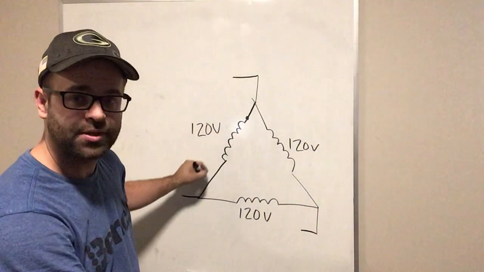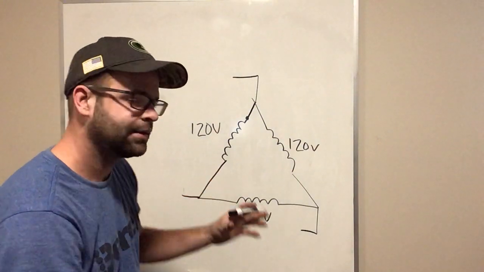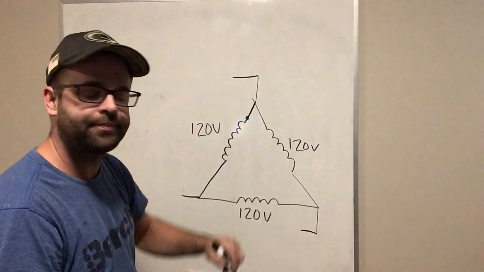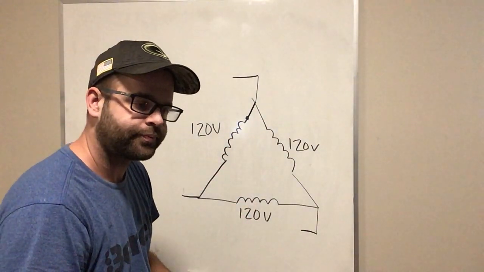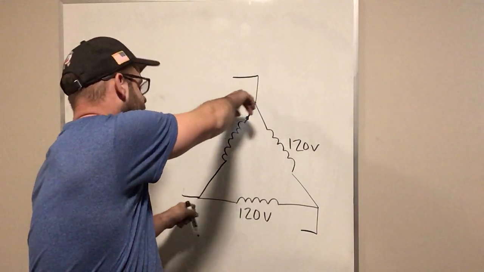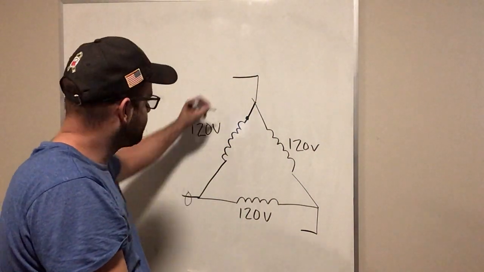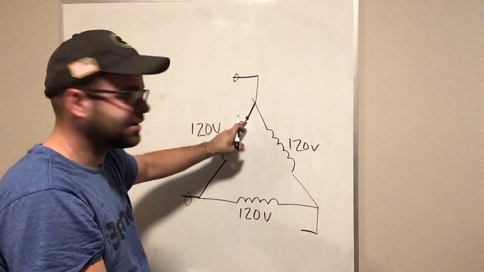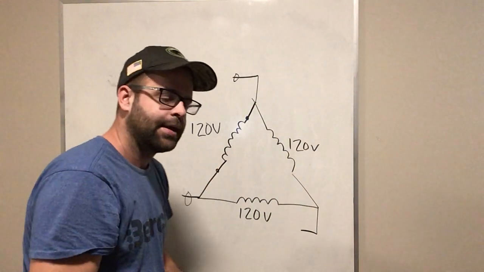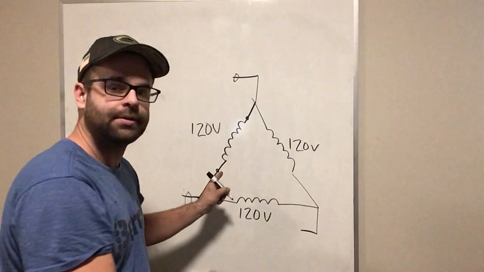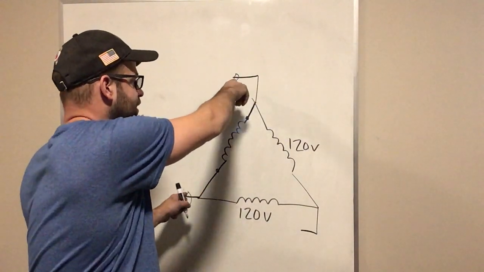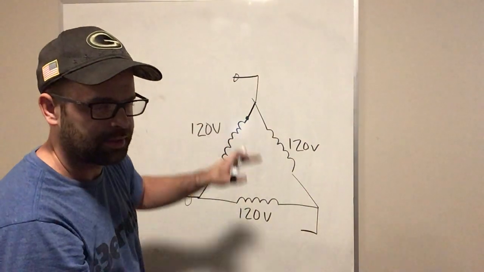This is the same point electrically on this side, which means it's like a Moret joint, right? There's no difference from this point to this point. And if we go from here now into our line values, these points here are the same as these points. There's no difference electrically between them. So if we read 120 volts here, that also means that we're reading 120 volts in the line.